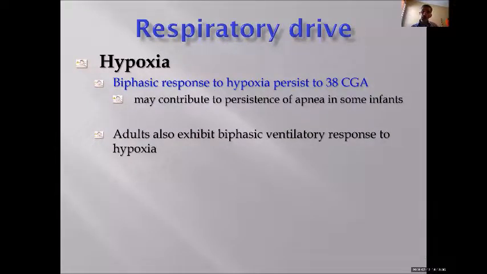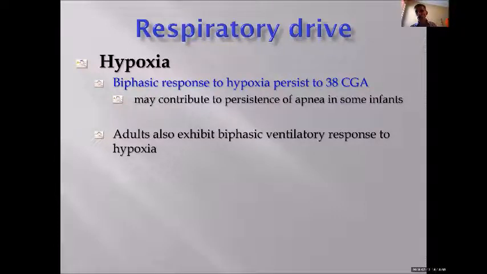The biphasic response not only occurs in premature babies and late preterm babies, it also occurs in early term babies at 37 and 38 weeks. And therefore, sometimes when you have a baby at 37 weeks and you don't find causes, some people might try caffeine because they think it might have an element of apnea of prematurity. But that should be your last resort. Term apnea is pathological.